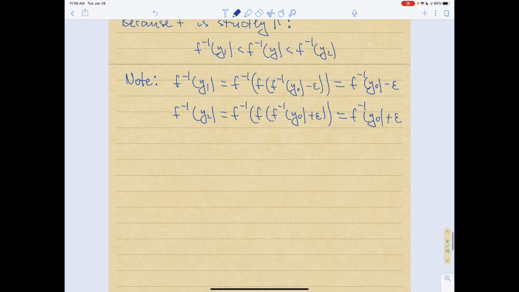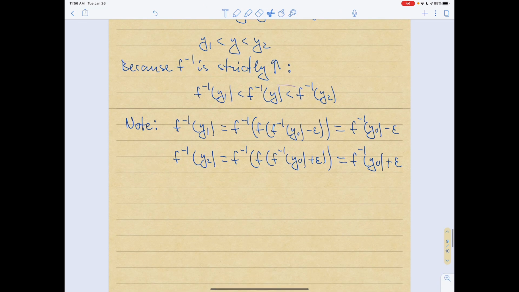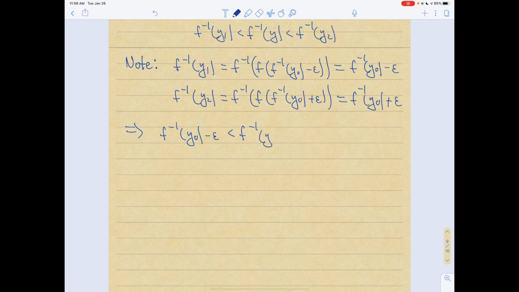And so from the inequality that I got here, and from my computations just now, we have that f inverse of y0 minus epsilon is less than f inverse of y less than f inverse of y0 plus epsilon.